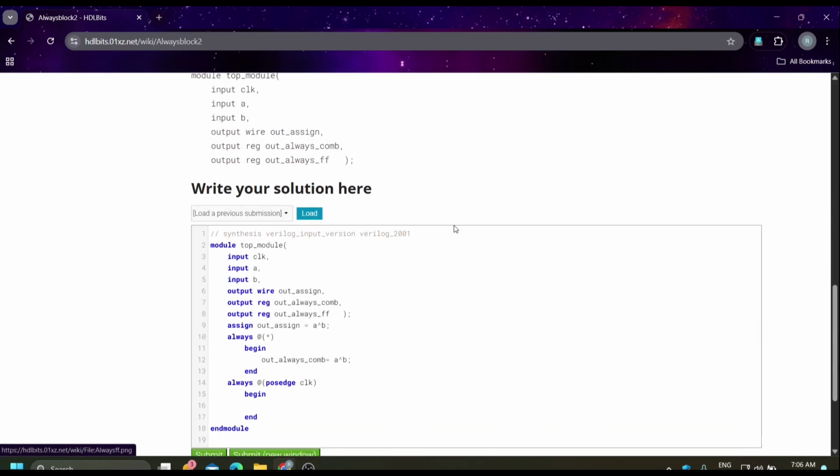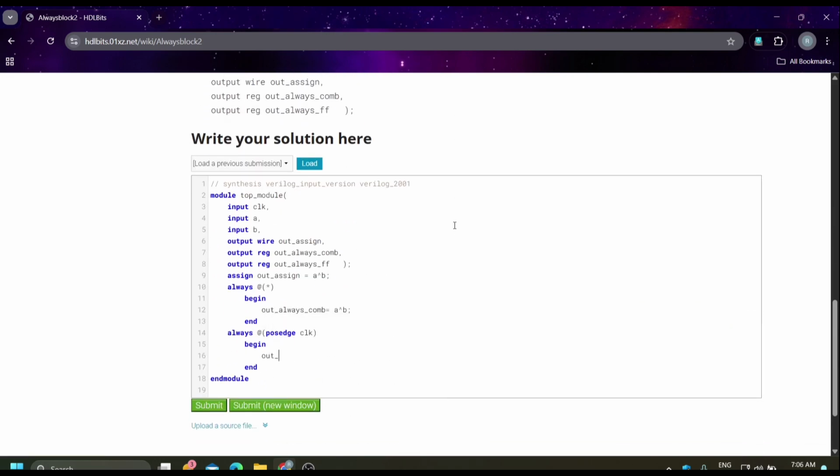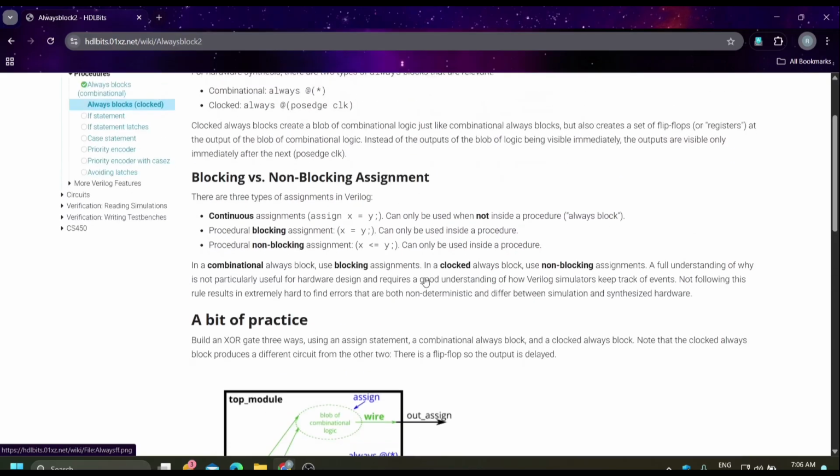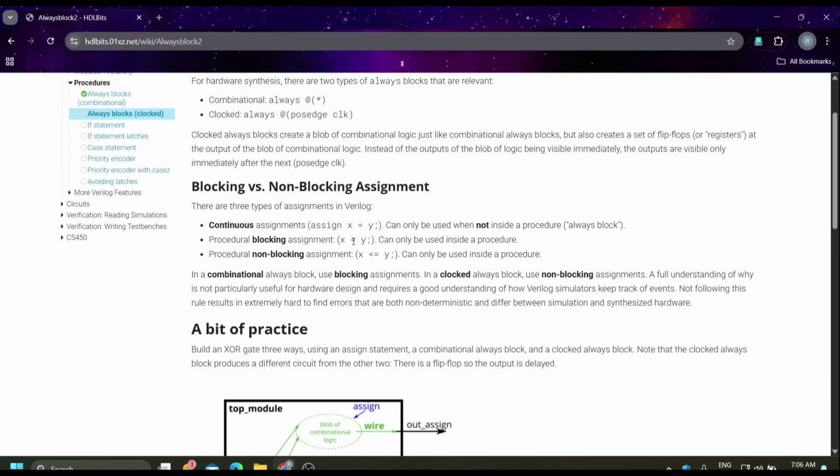Out always FF. Out always FF equal to C. Here what is the blocking assignment? This one, equal to, is the blocking assignment. And what is the non-blocking assignment? Less than equal to, this one. This is the non-blocking assignment.